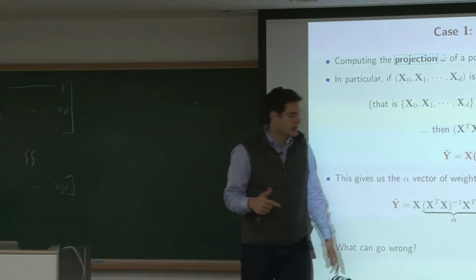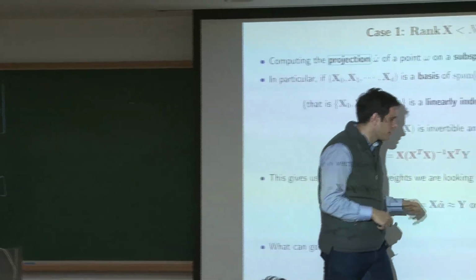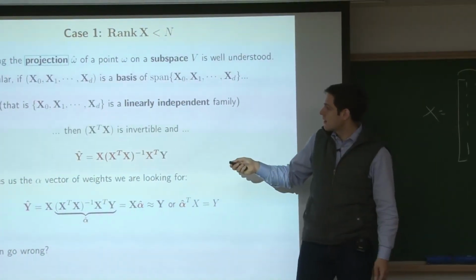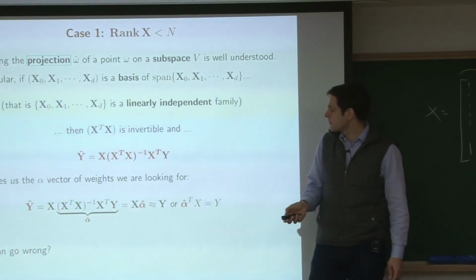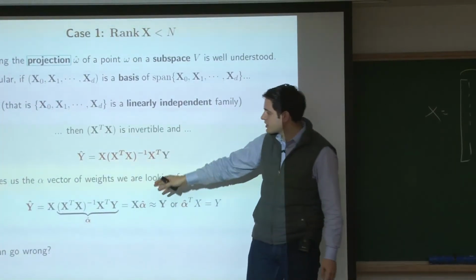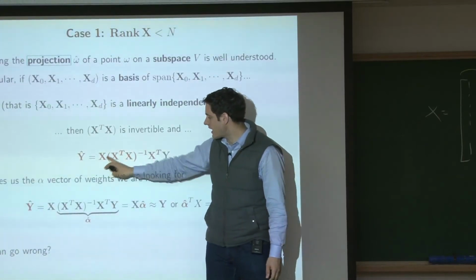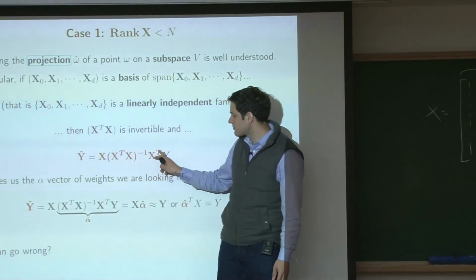This is a projector, a linear operator, which is a projector. If I put in x my linearly independent family, then the projection of y onto this span is just x (x transpose x)^-1 x transpose.